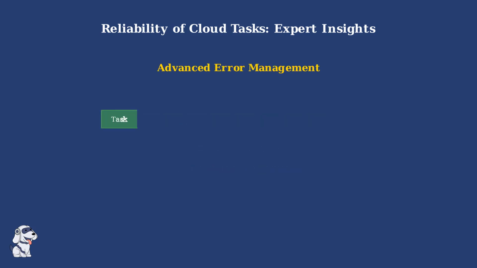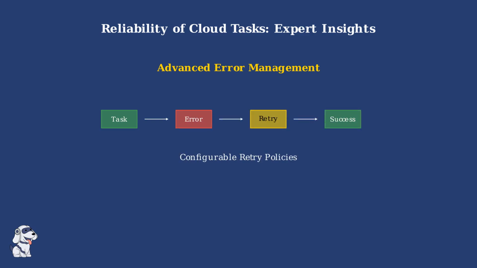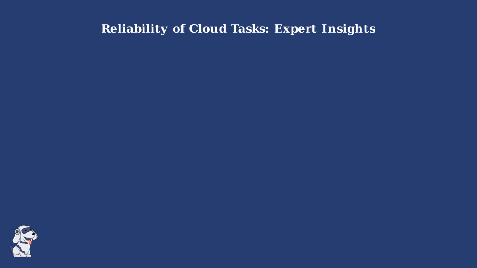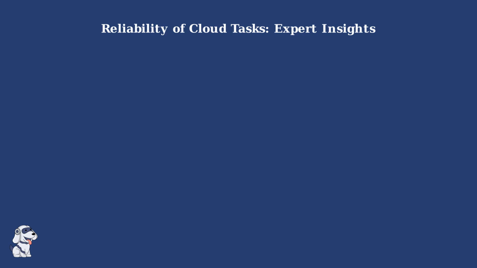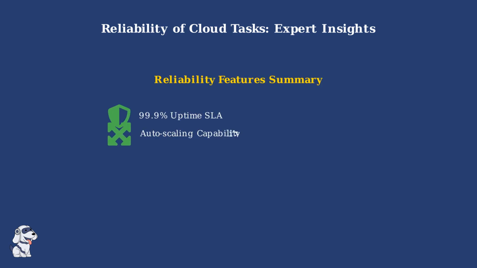Cloud Tasks provides advanced error management mechanisms, including configurable automatic retries that ensure task completion even when temporary failures occur. To ensure system reliability, task handlers must be idempotent, meaning they can be executed multiple times without causing harmful side effects or data corruption. These reliability features work together to create a robust task execution environment that maintains high availability and consistent performance under all operational conditions.